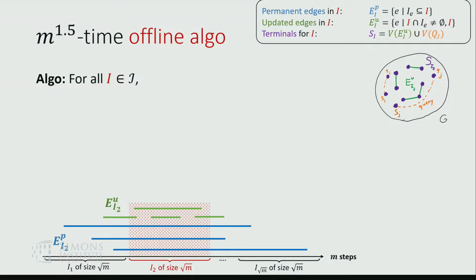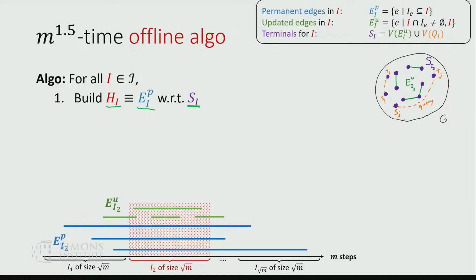Let's look at one interval, let's say I. What I'm gonna do first is to compute a graph H sub I, H of the interval I. This graph will be equivalent to the permanent edges for the interval I with respect to the terminal set.